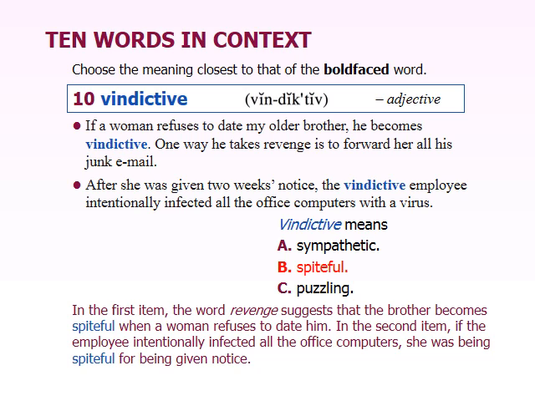Just because she said no, he wants to hurt her or make her life hard by sending all of this junk email, which is not an appropriate response because he's punishing her in a much worse way than she punished him. In the second example, sometimes you get fired, but in this case, she's vindictive in that she's hurting a whole company and a whole lot of people by putting this virus there.